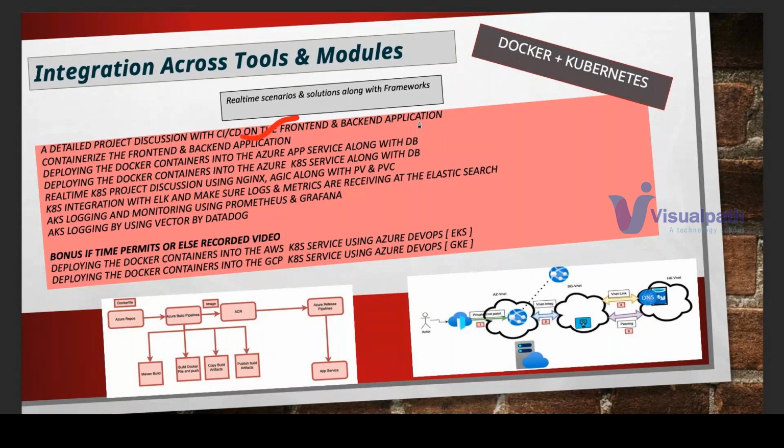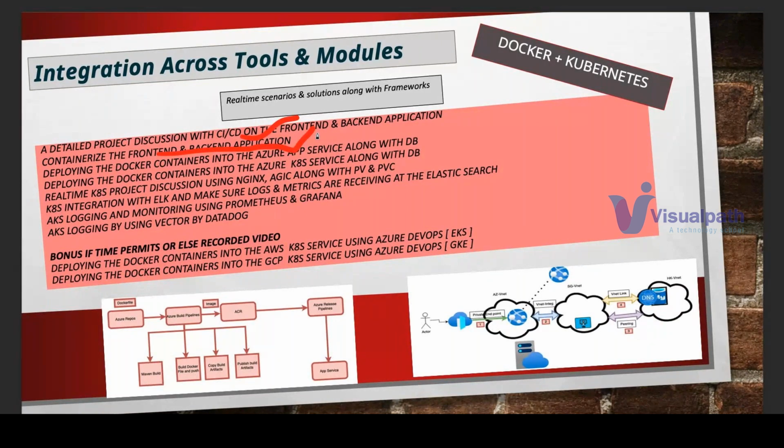And also the same project I will migrate from a normal to a containerized model, the same front end and back end application with the database. Along with this, I am assuring I will add monitoring and logging as well, because we need monitoring and logging in real time for sure. Those things I will add to your project.